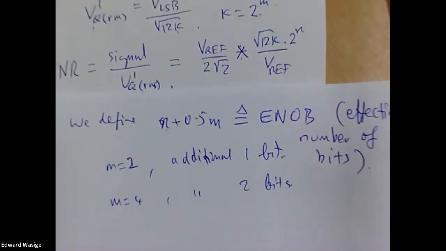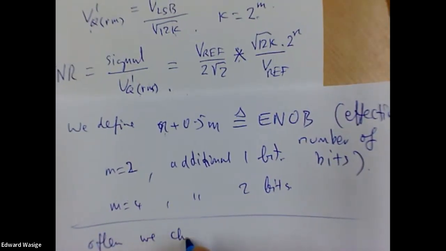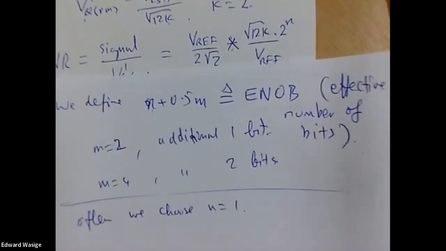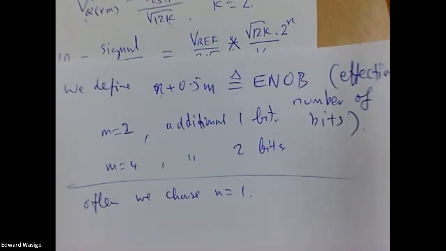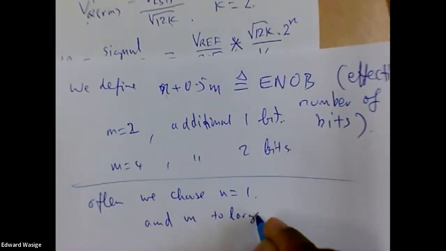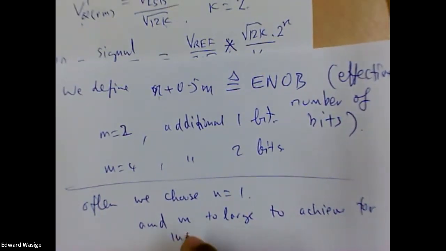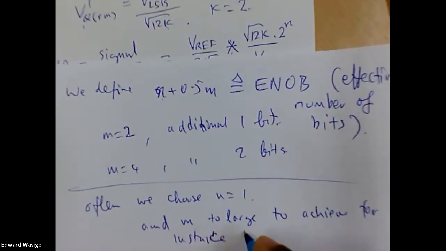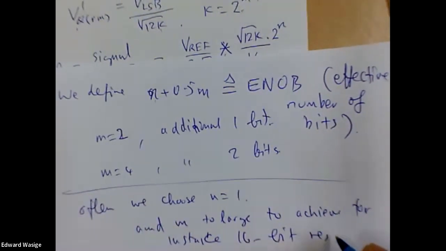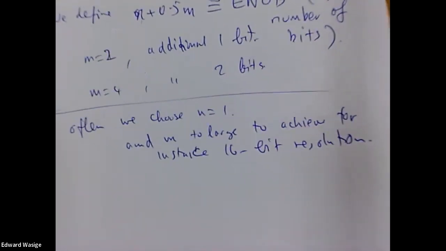And so often we can choose n to be equal to 1, so we simplify our basic Nyquist rate ADC, and m to be large to achieve, for instance, 16-bit resolution. But we really don't do it in this architecture. So any questions before I carry on?